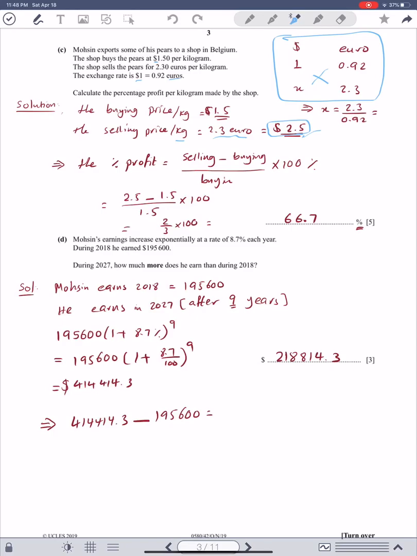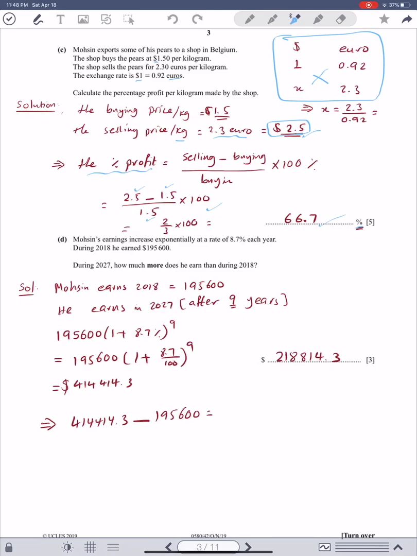The percentage profit is equal to selling price minus buying price, or new minus old over the buying price, times 100%. You will do 2.5 minus 1.5 divided by 1.5, getting in the calculator 2/3 of 100%, 66.7%.